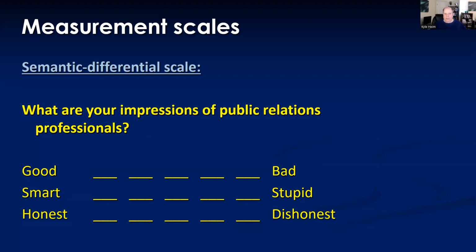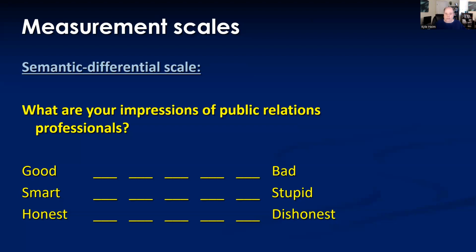And you put one word on one side, the opposite word on the other side, and then they have to indicate by checking a box or a blank where their opinion falls on that spectrum. So you might have good versus bad, smart versus stupid, honest versus dishonest. The adjectives would obviously vary depending on what kind of question you're asking, but you want to make sure that they are opposites. If they're not opposites, it doesn't work.